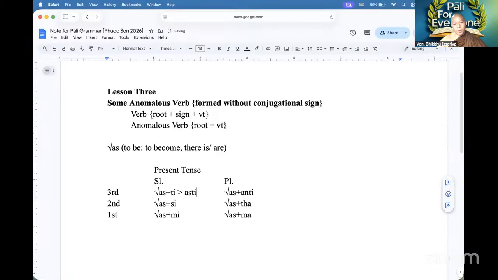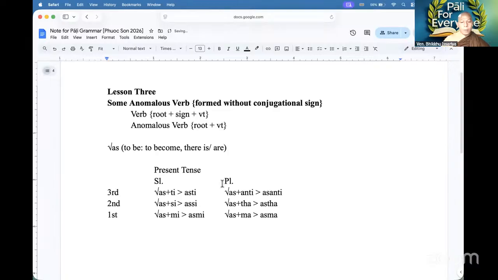The second one is santi. And that second person singular is asi. And second person plural is astha. And here, us, mi. And here, us, ma.